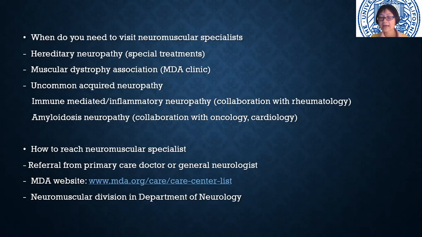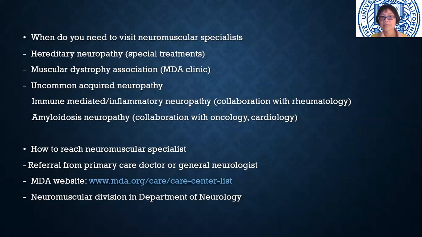Right now, we have a few hereditary neuropathies that may have special treatments or have clinical trials that could be beneficial for certain hereditary neuropathies that are caused by genetic mutations.